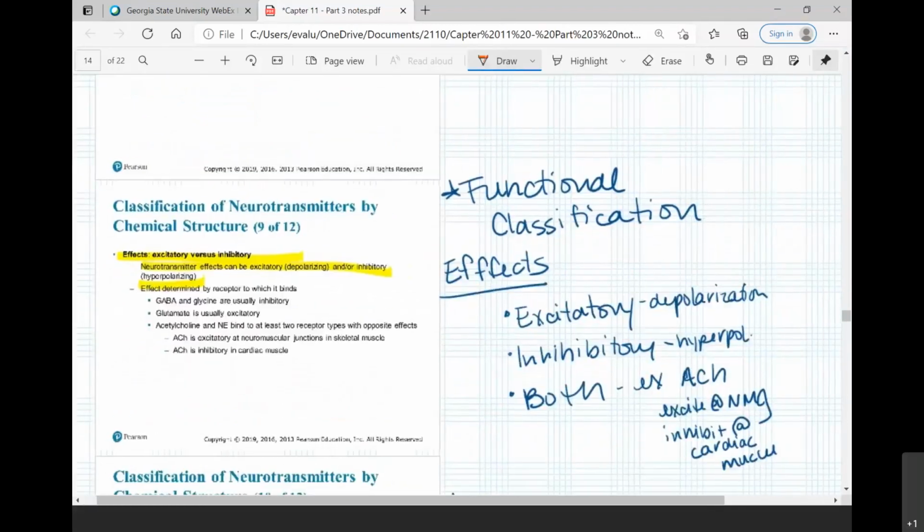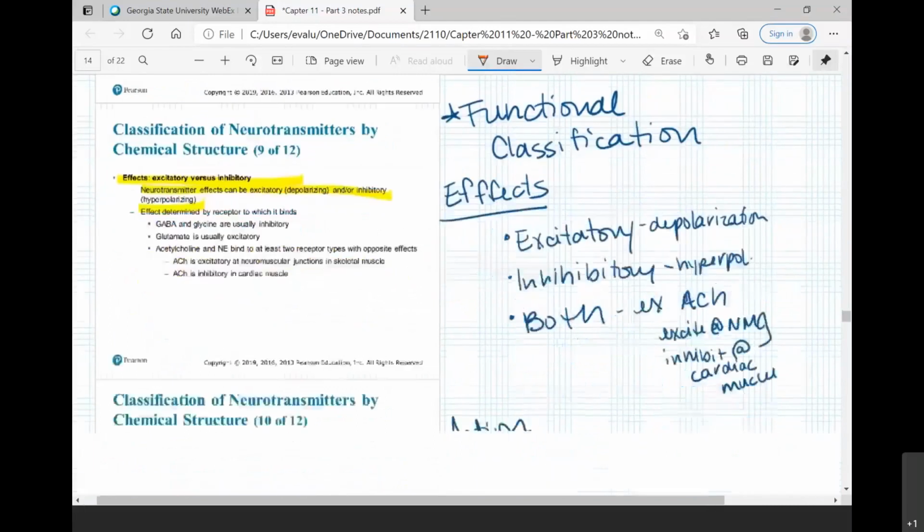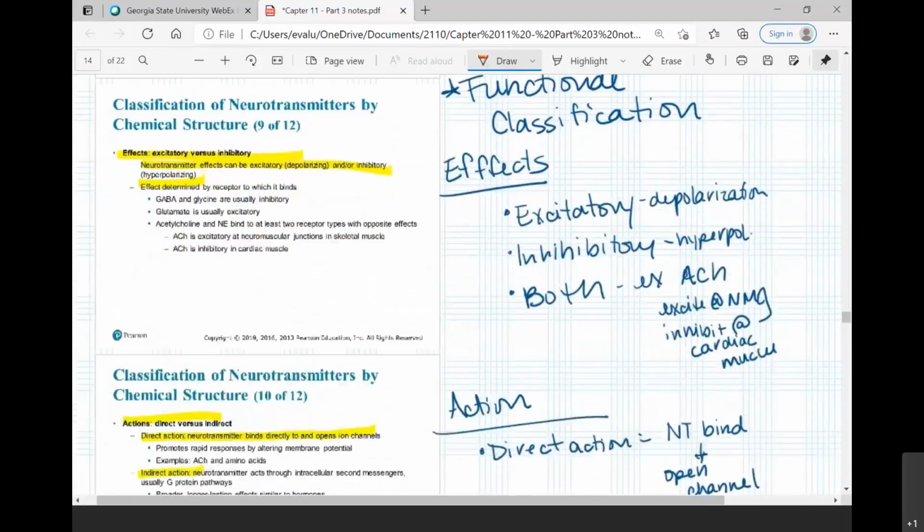The effect: a neurotransmitter will either be excitatory or inhibitory. Excitatory means that when it binds to the postsynaptic cell, it will cause depolarization, the EPSP. If it's an inhibitory effect, it will cause a hyperpolarization or an IPSP. So that's the effect. It's whatever depolarization or hyperpolarization occurs in the postsynaptic cell.